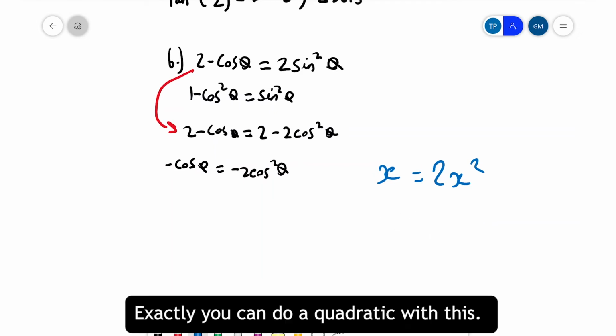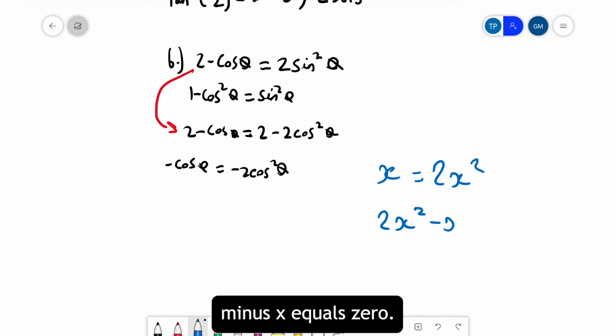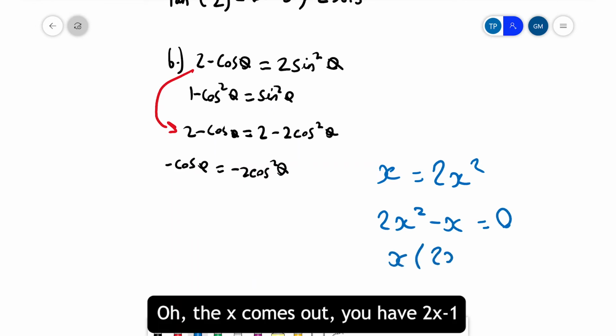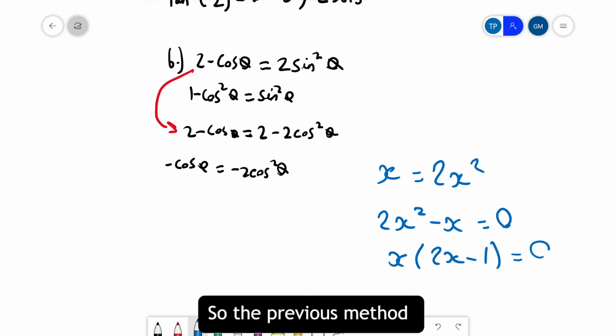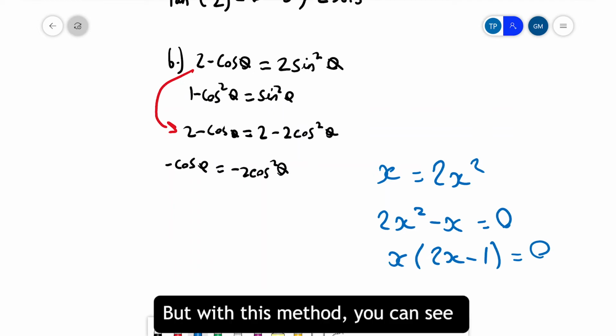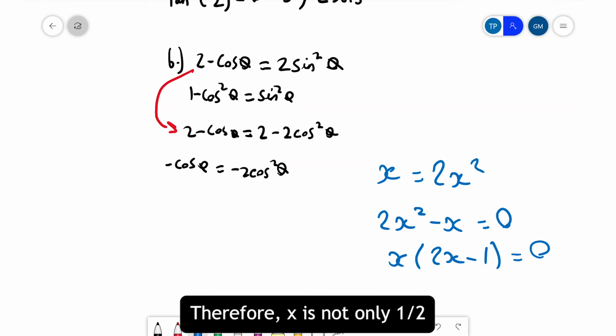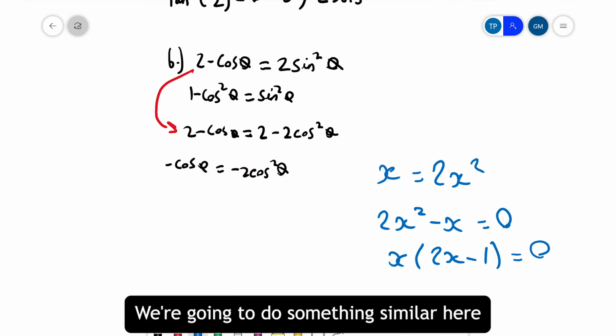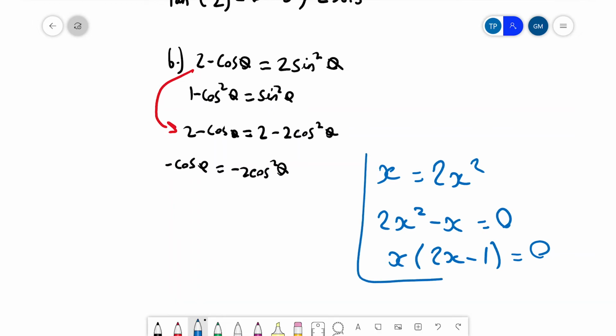You can make it 2x squared minus x equals 0. Factorize it, the x comes out, and you have 2x minus 1. With the previous method, you just had 2x minus 1 equals 0, but with this method we've got the x as well. Therefore, x is not only 1 over 2 from the 2x minus 1, but also 0. We're going to do something similar here.